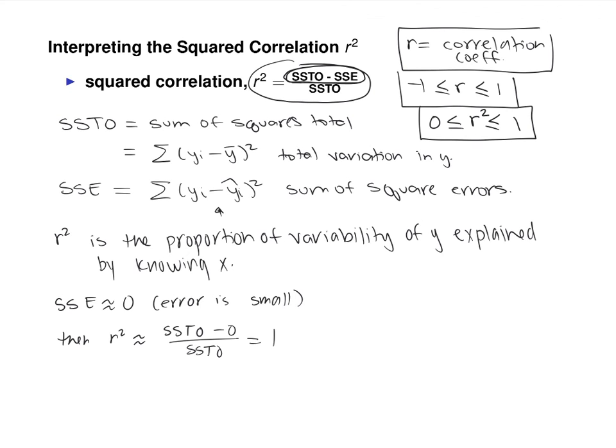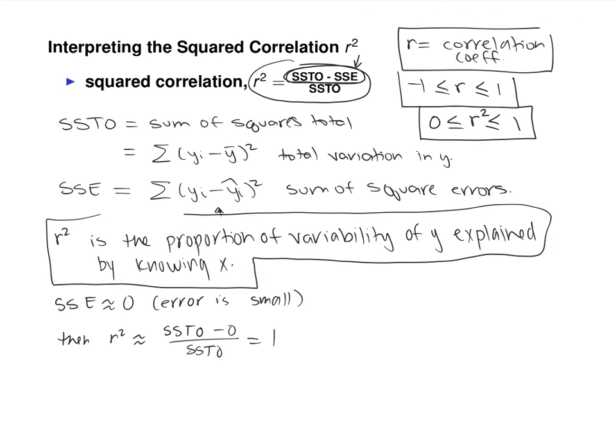Perfect relationship meaning very little error. So if the error is higher, that decreases r squared. If the error is lower, that increases r squared. And that tells you how much you know about y given that x variable. You don't have to explain this whole thing, you just have to use it to answer some questions.